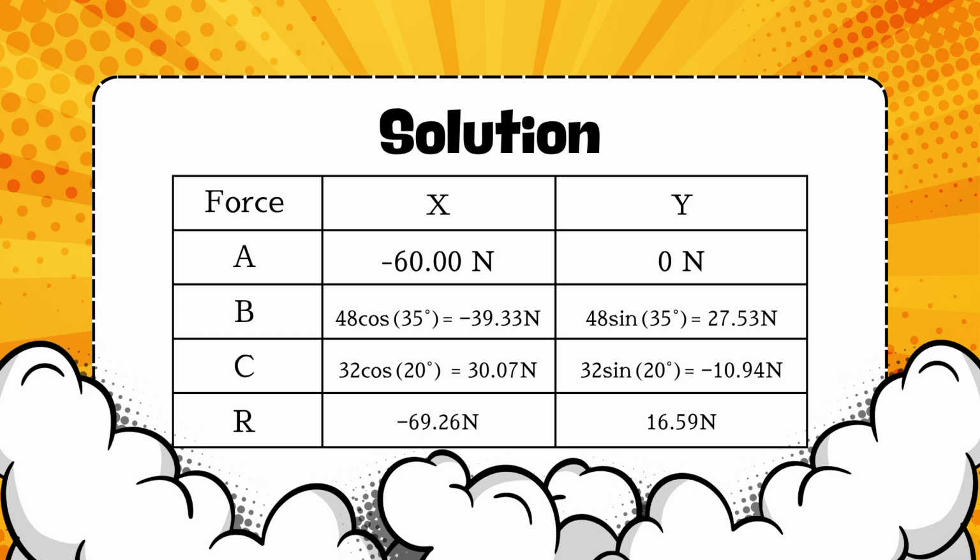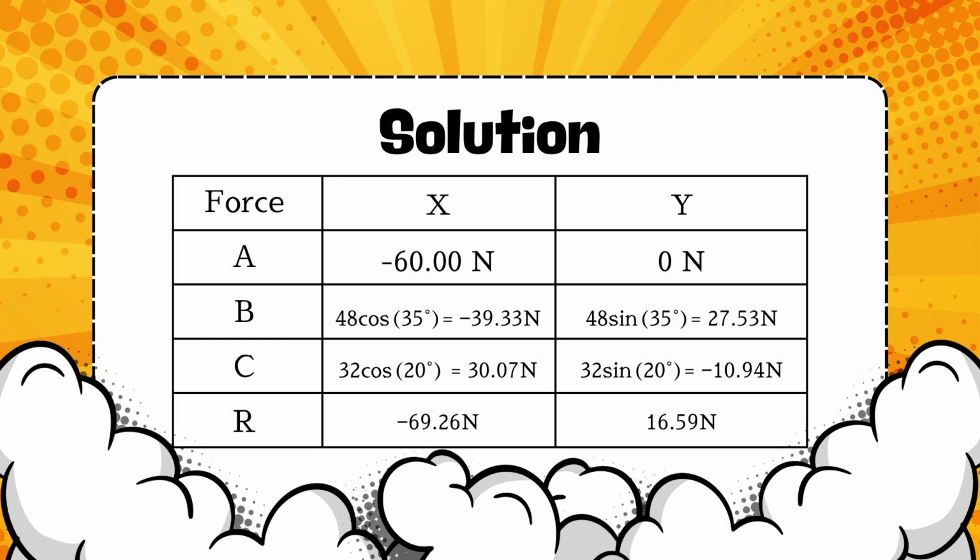We're going to multiply both sides by the hypotenuse, and then cancel, and that leaves us with hypotenuse times cosine theta. B sub x is equal to 48 times cosine 35 degrees, because that's the given angle. So B sub x is equal to negative 39.32 newtons west. B sub y equals 48 times sine 35 degrees. B sub y equals 27.53 newtons north.